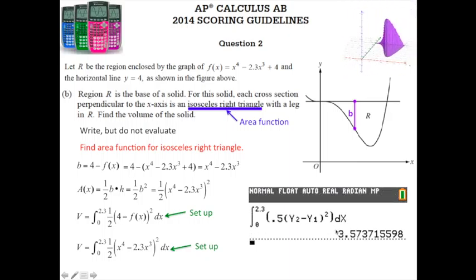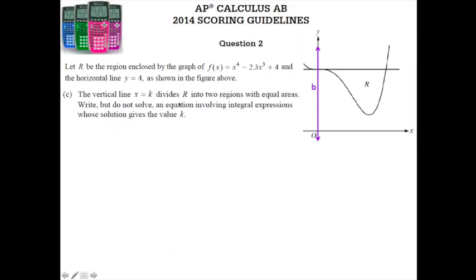So I'm going to go ahead then, and since this is a calculator question, just do an fnInt. So you notice I have 0.5, and if you remember, y2 was 4, y1 was the polynomial. So I just use my bars key, makes it look a lot cleaner. Square it, put in my dx, and there's the volume of that shape. So when we round that correctly to 3 decimal places, it's 3.574 for the volume.